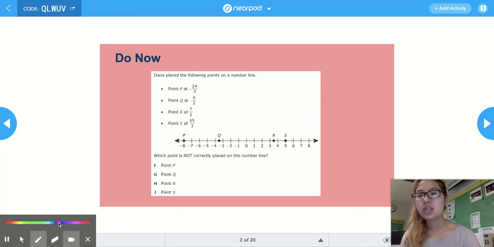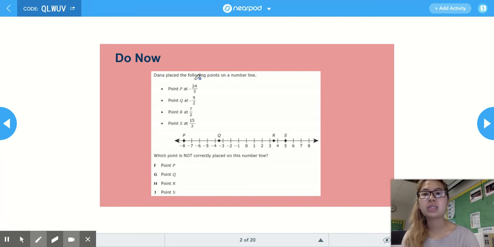So the first thing that we're going to do is convert all of these fractions into decimals. Negative 24 over 3 is the same thing as negative 24 divided by positive 3, and so that's going to be negative 8. We have negative 9 over 2, which is negative 9 divided by 2, and that's negative 4.5.